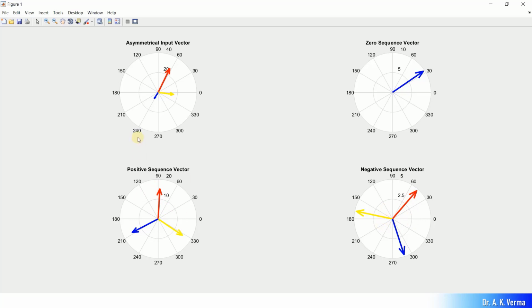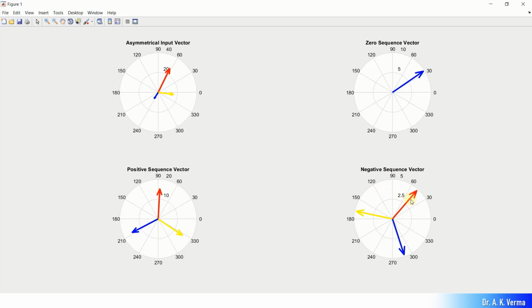Here you can also match the phase sequence. If you match the positive sequence with the input vector, you will get the same phase sequence, red, yellow and blue. So that's why it is known as the positive sequence. In the negative sequence, you will see that the phase sequence is just reversed.